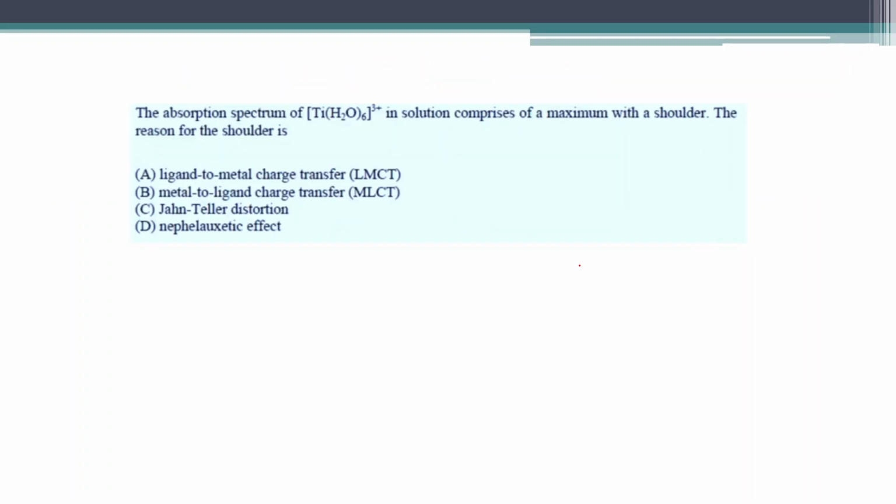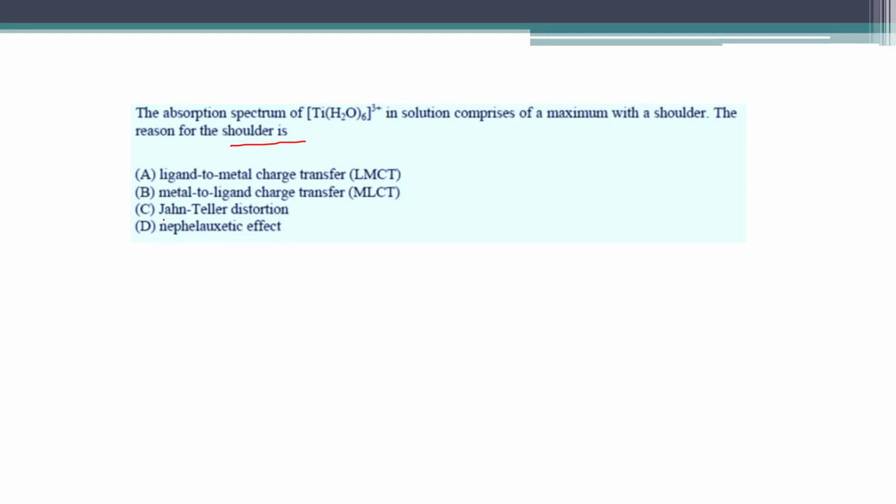And the question arising from this portion is that the absorption spectrum of [Ti(H2O)6]3+ in solution comprises a maximum with a shoulder, and the reason is LMCT, that is ligand to metal charge transfer, MLCT, that is metal to ligand charge transfer, Jahn-Teller distortion, or nephelauxetic effect.